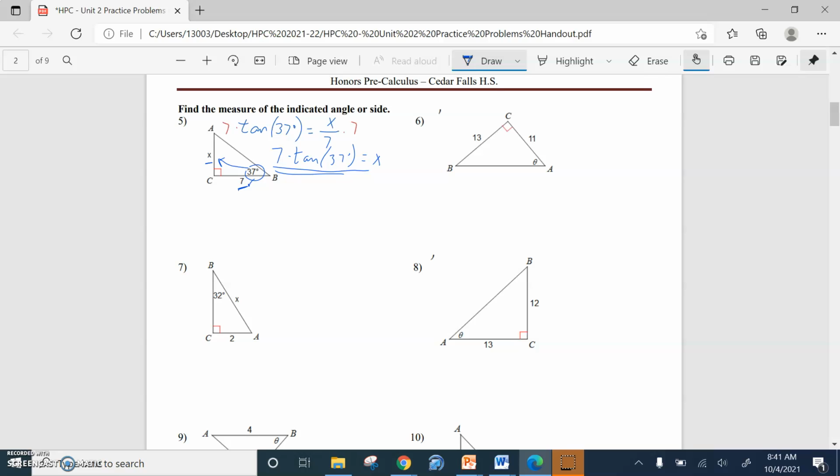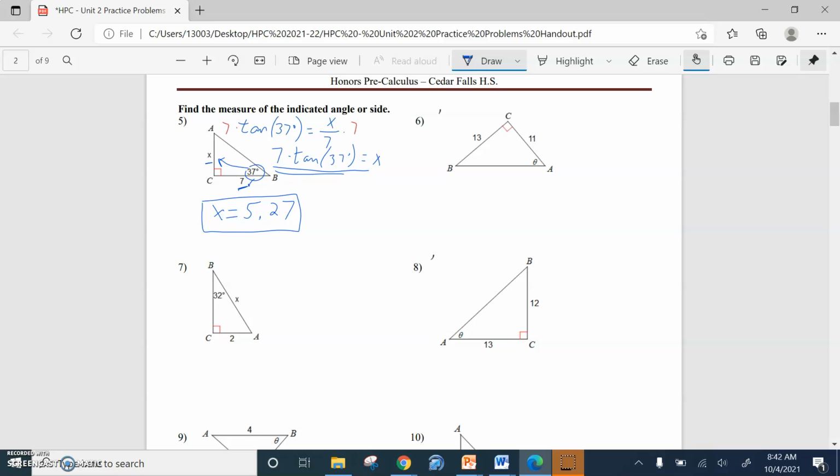So what we need to do is type that into our calculators, and we find that x equals approximately 5.27. And then we would always make sure we box in the answer that we want checked to see if we're right or wrong. We don't just leave all of our work hanging out there. We have to box in what we consider as our final answer.